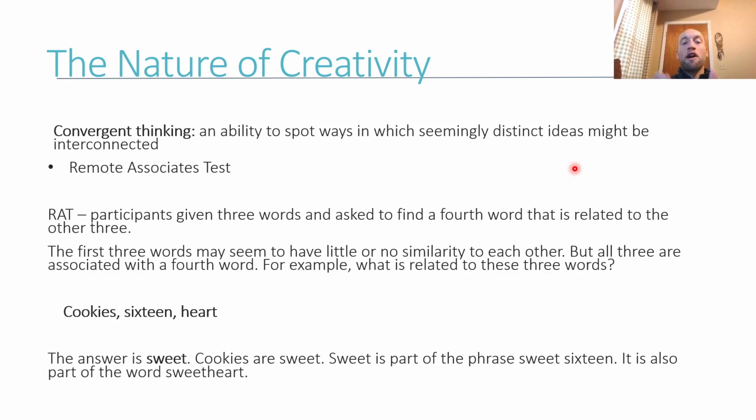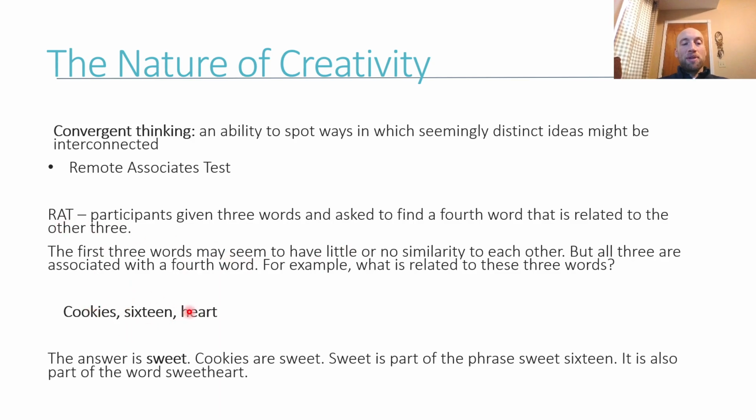In this test, we give participants 3 words and we ask them to generate a 4th word. In some cases, the 4th word is just added before or after each one of those 3 words. In some cases, that word is just related to all 3 words. But regardless, the ability to do this quickly and accurately reflects your creativity.